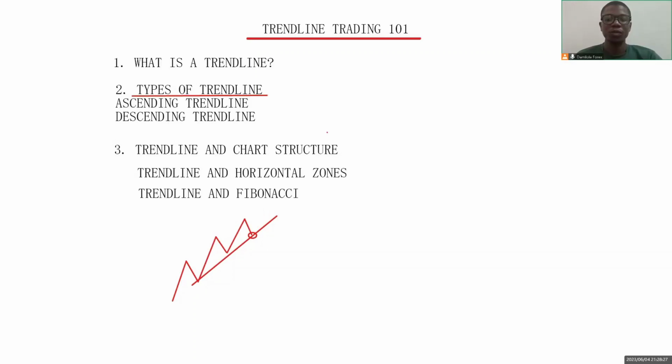Okay, so for the bearish side, it's also the same thing. We can use the trend line to pick an entry point for a continuation of the sell on a bearish structure. For example, this is it right here, this trend line.